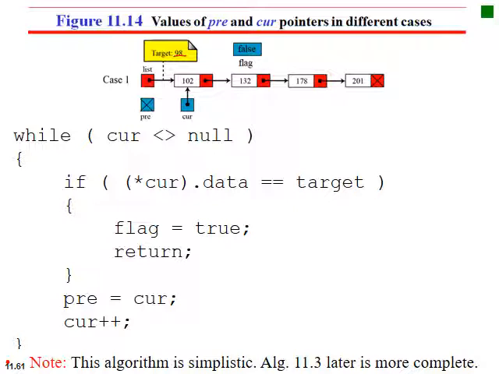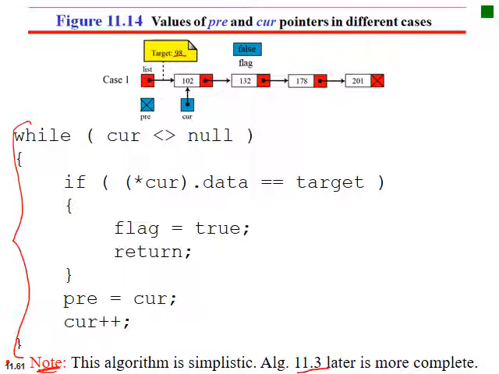So here we see an algorithm on how to do that. Just a note on this algorithm. This algorithm has been modified and made more simplistic. Algorithm 11.3 at the end of this lecture will be more complete, and then you'll see the full picture. But for now, it's been simplified just to make it easier for you to follow here.